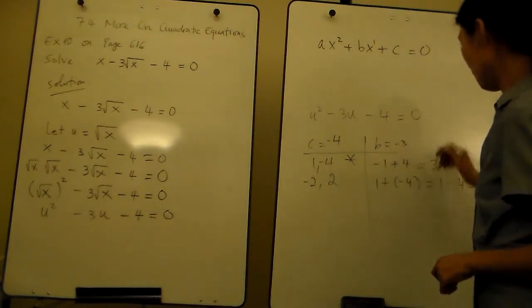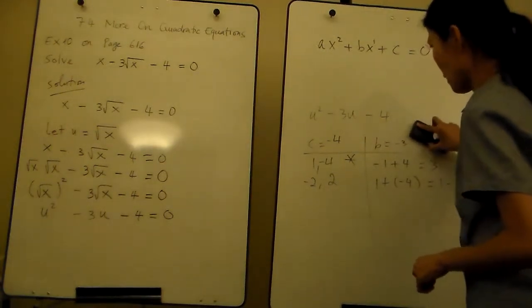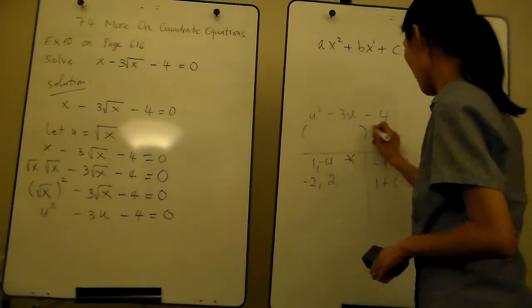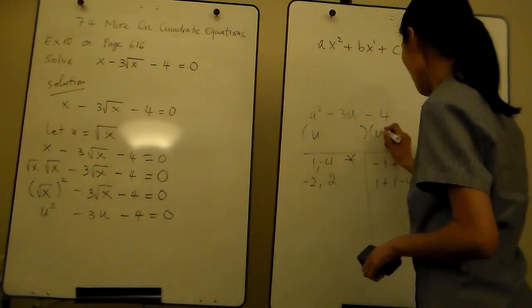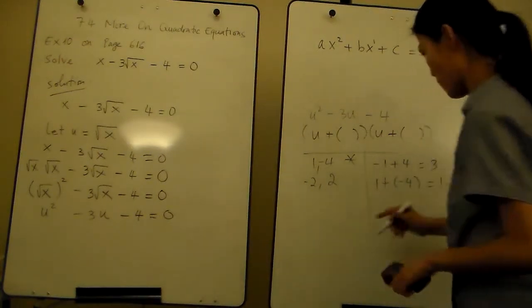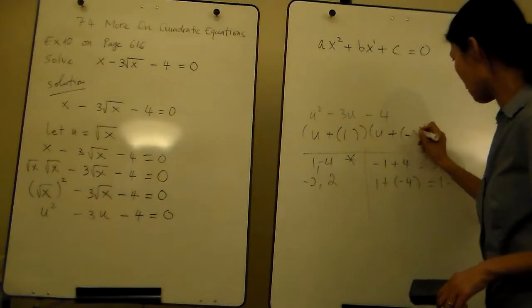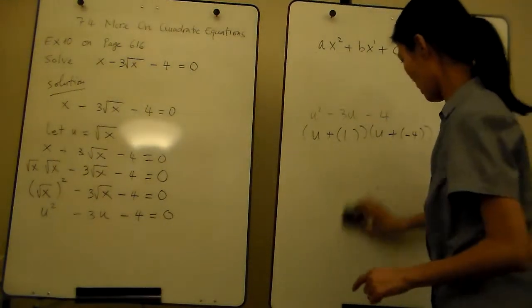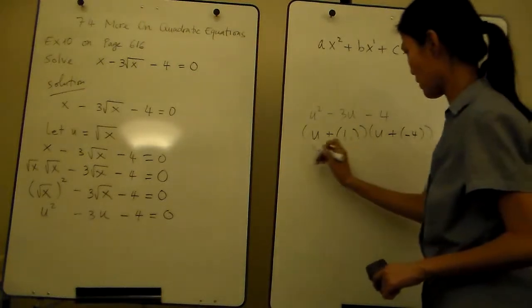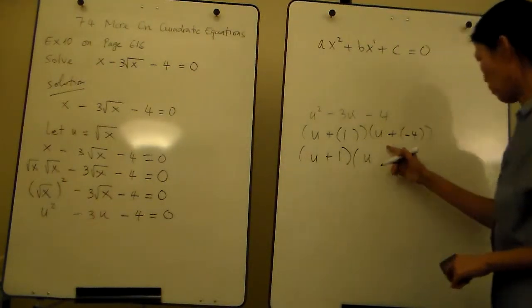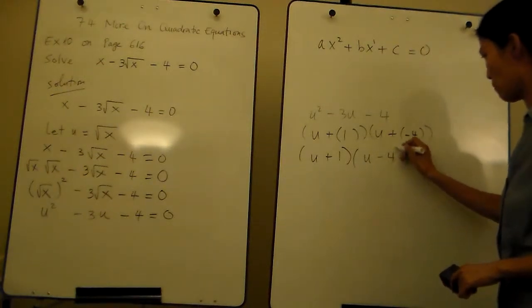So let me factor this out. This can be factored to u plus, and the two factors are 1 and negative 4, which come from here. Simplify, we get u plus 1 times u minus 4.